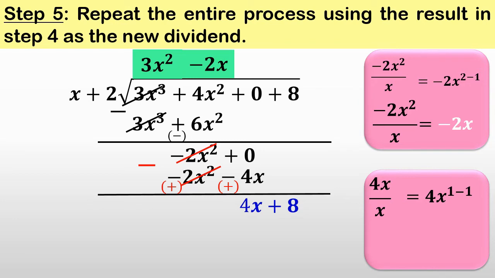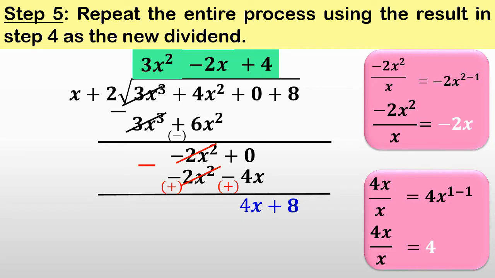Therefore, our variable x will become 1. So, when we multiply 4 times 1, the answer is 4 only. That's why the value that we have here is 4. And the last term of our quotient here is positive 4.